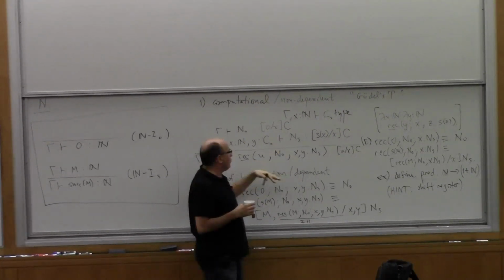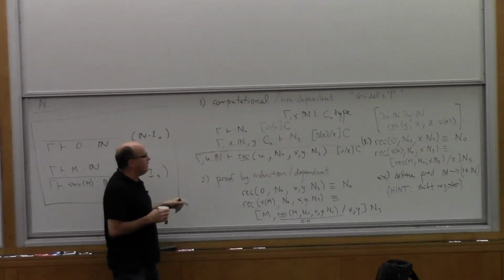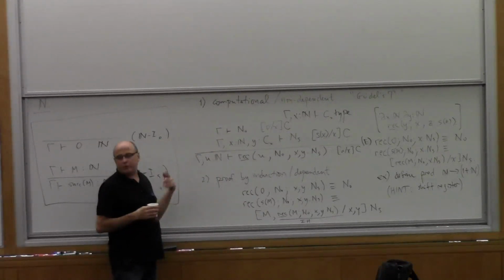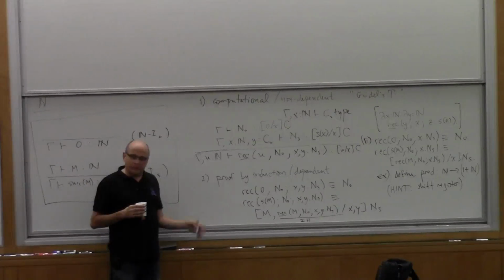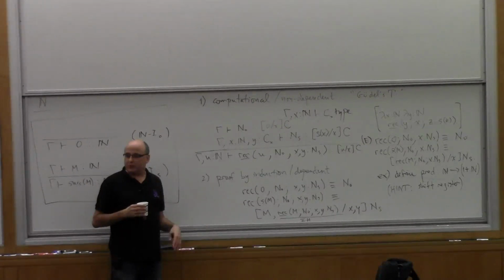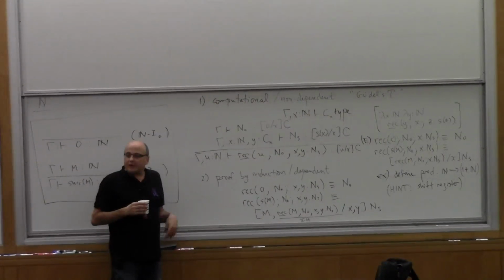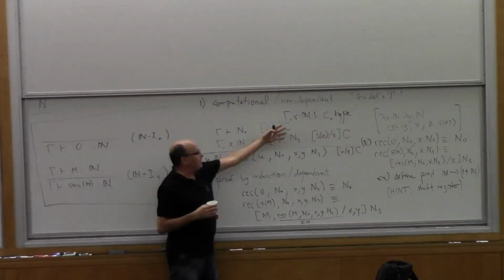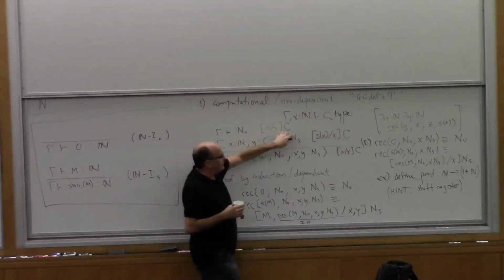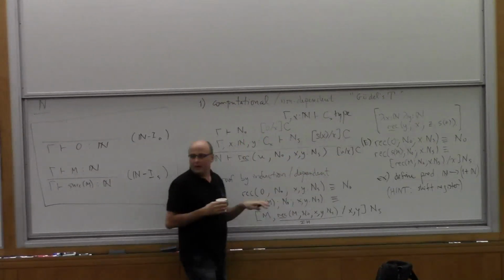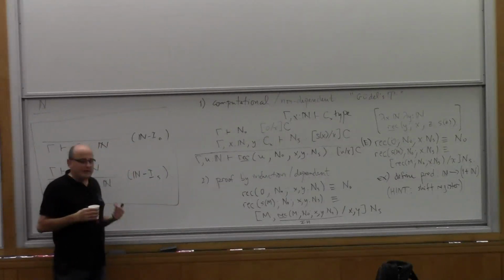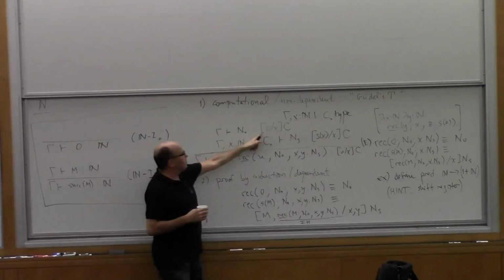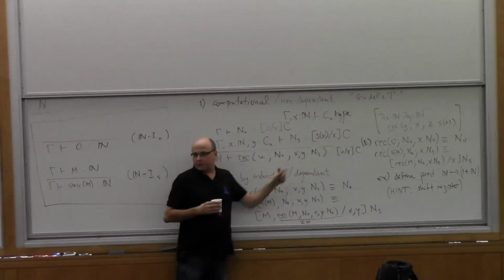The first form was strictly to do with computing. If you want to compute with a number, how do you write down a for loop? That was recursion. But if I wanted to express the stronger property of proof by induction, then I have to have a more sophisticated understanding of the rule, which allows me to flow the information about which branch I'm in into the predicate.